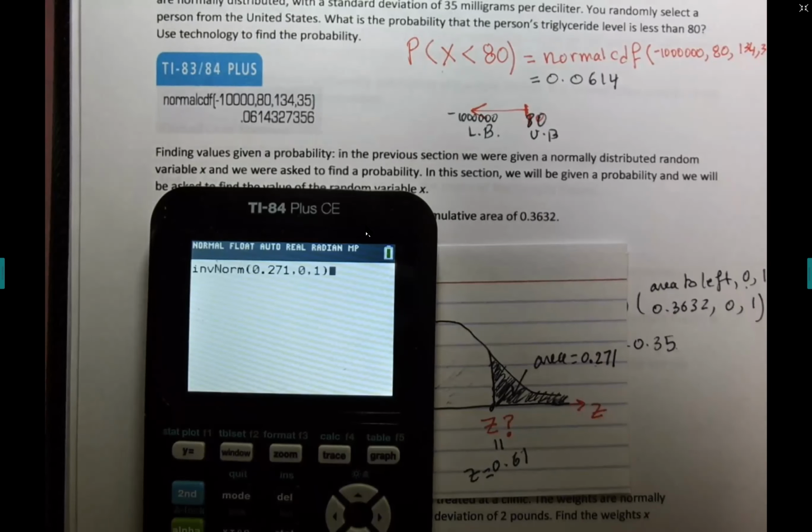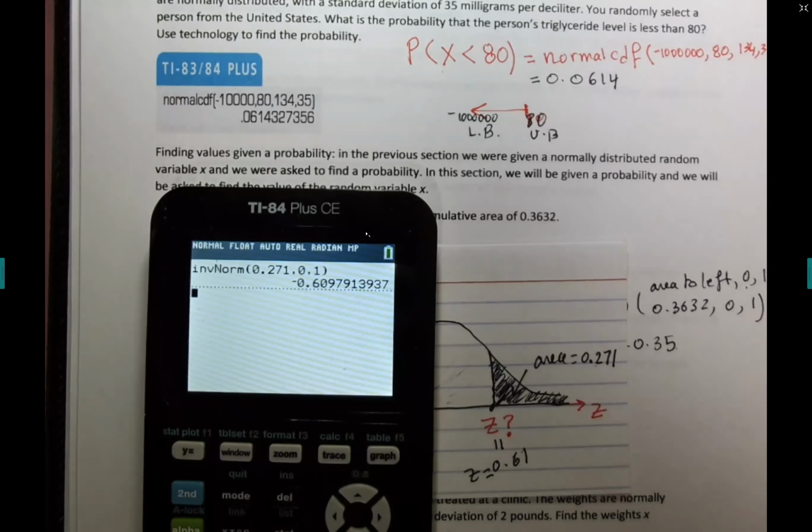You ready to see what the answer is? What did it give you? Negative, but we know we're on the positive side. So what do you do with this answer? Just get rid of the negative sign. Does that make sense?